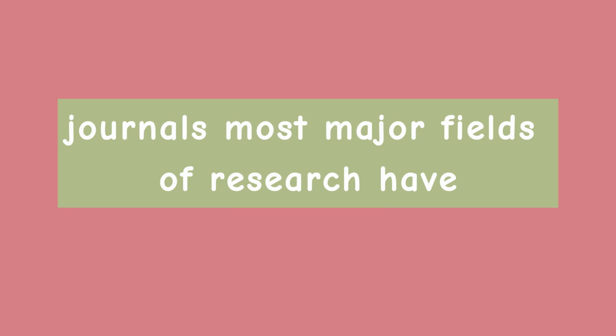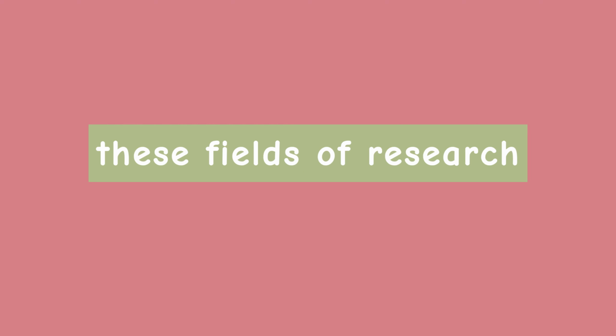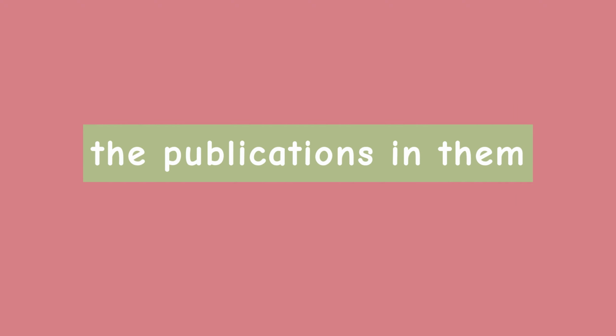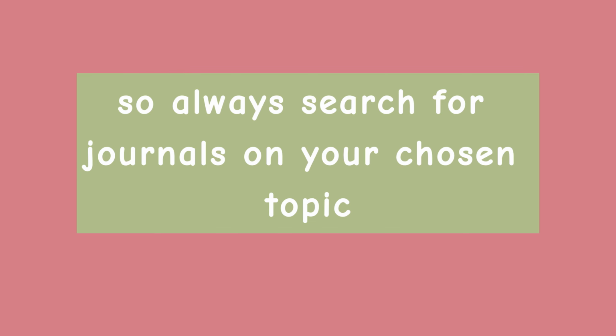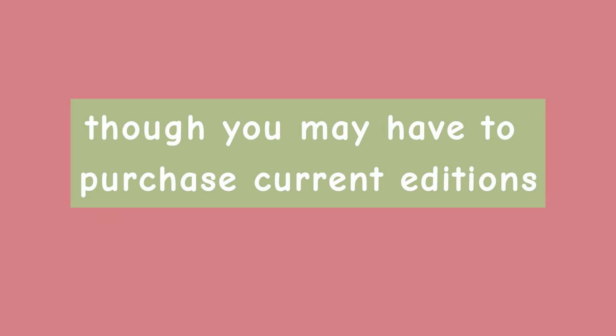Journals. Most major fields of research have dedicated journals. These journals publish articles on topics related to these fields of research. Since the vast majority of these journals are peer-reviewed, the publications in them are considered to be trustworthy. So, always search for journals on your chosen topic. Most back issues are freely available, though you may have to purchase current editions.